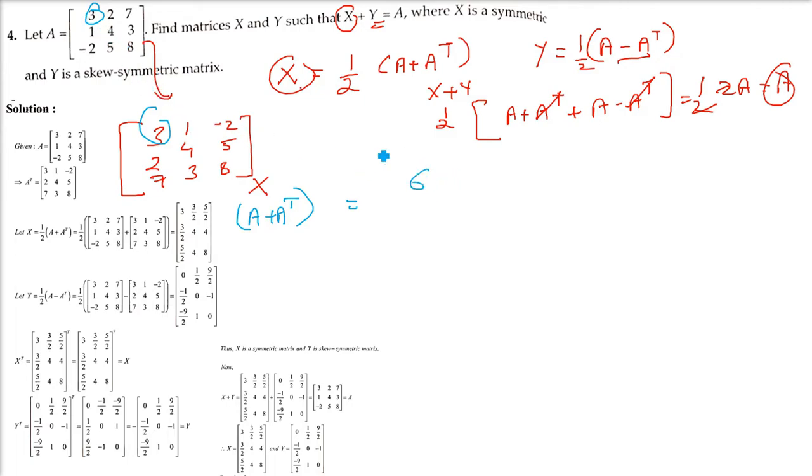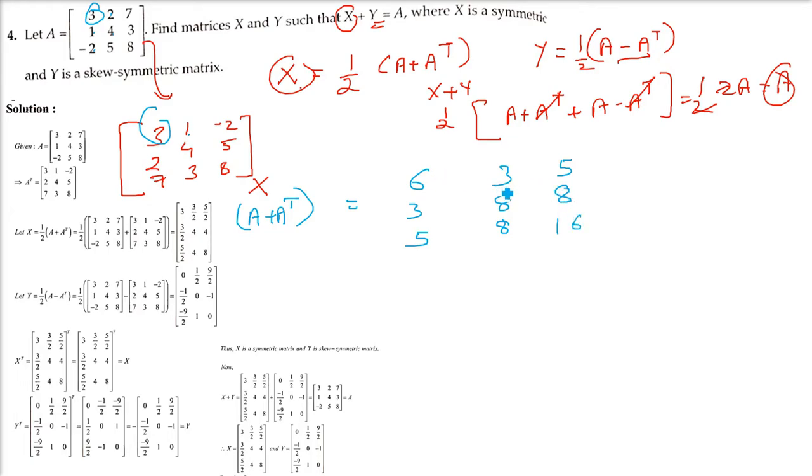So 3 plus 3 is 6. 2 plus 1 is 3. 7 minus 2 is 5. 1 plus 2 is 3. 4 plus 4 is 8. 3 plus 5 is 8. And negative 2, 7 if you add we get 5. 5 and 3 when we add we get 8. 8 and 8 we get 16.